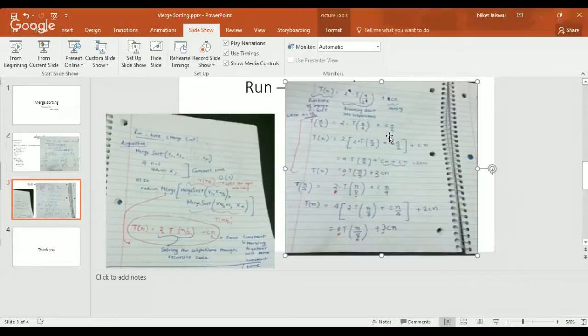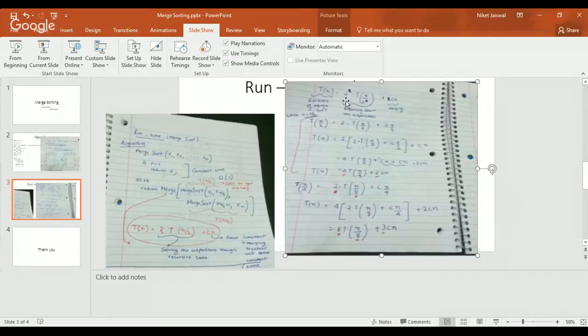So when we calculate the T of n, it has changed now to 4 times T of n by 4 plus 2 times c of n. Similarly, when it is n by 4, the T of n is 8 times T. So this is 2 to the power of 2, this is 2 to the power of 3, and this is some constant value k, that is 2 to the power of k.